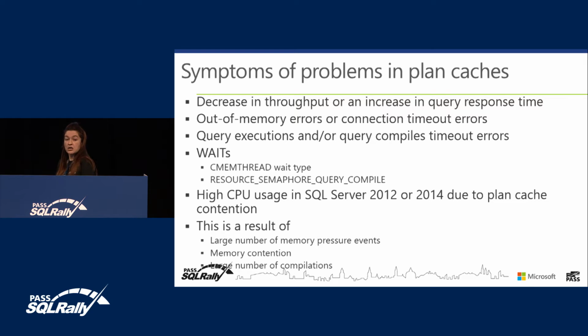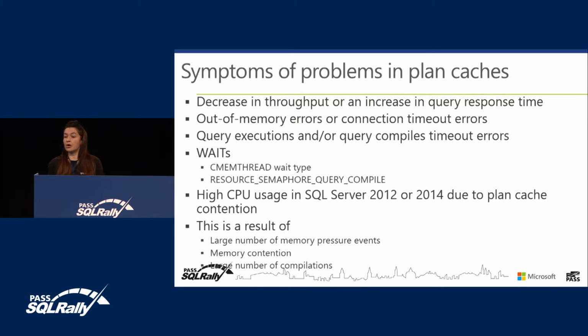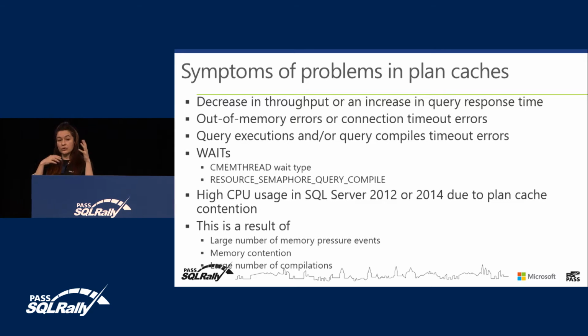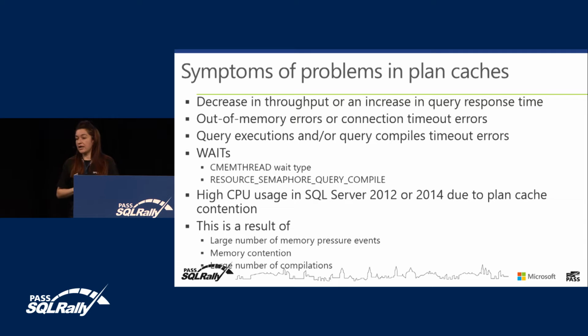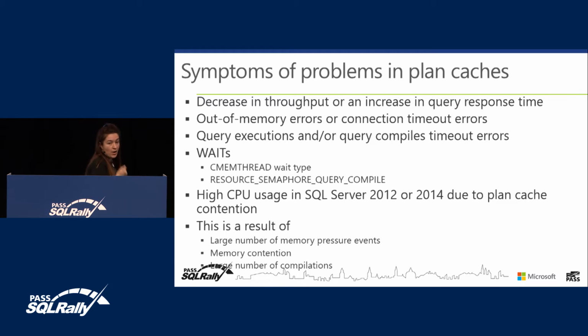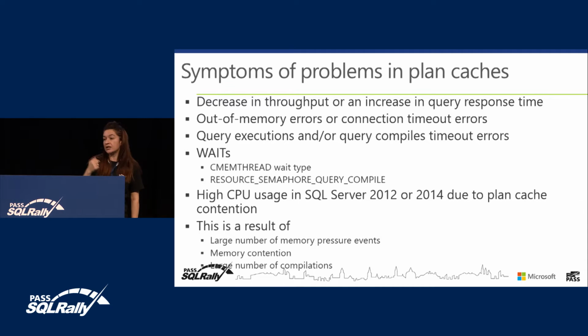Sometimes you can find the signals about Plan Cache problems when you explore wait types. How many of you use waits or wait type troubleshooting in SQL Server? Great. So you probably have seen some typical waits, like CMEMTHREAD or RESOURCE_SEMAPHORE_QUERY_COMPILE. These types of waits are the most common when you have problems with the Plan Cache, and they are definitely a signal that you have to go and explore your Plan Cache to find out where the problem is.